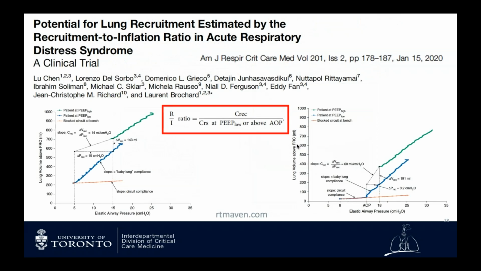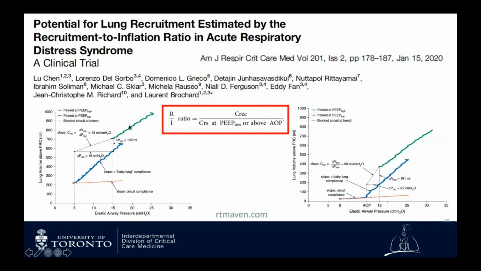And finally, I want to just highlight a new way that we recently published on trying to quantify exactly how much a patient's lungs might be recruitable. This is using something called the recruitment to inflation ratio that Lu Chen and Laurent Brochard have developed at St. Mike's and published recently in the Blue Journal.